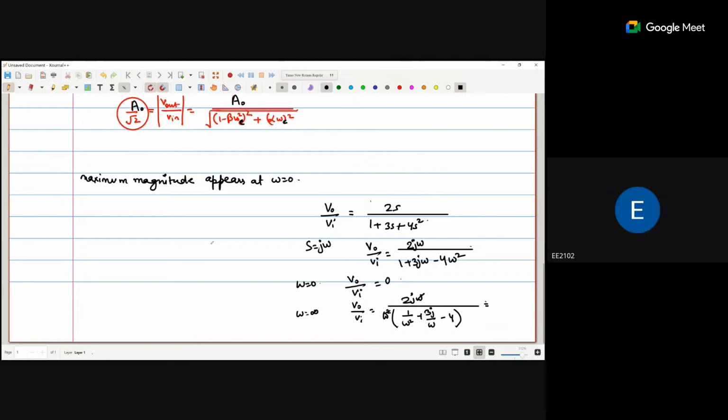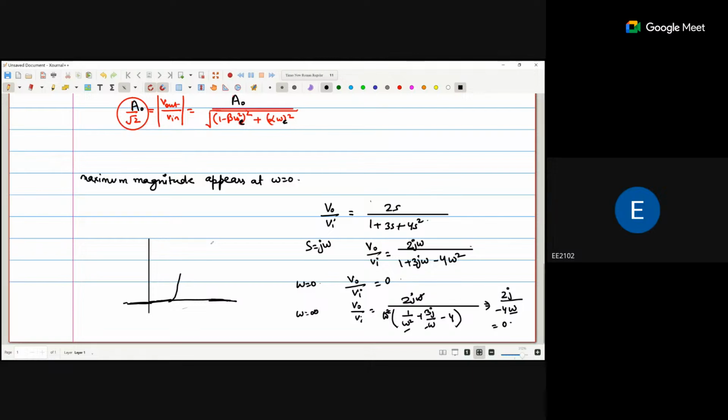Now this term is 0, this term is 0, this term is minus 4. So 2j upon minus 4 omega. Now omega is again infinity, so it becomes 0. So at lower frequency it is 0, at higher frequency it is 0.